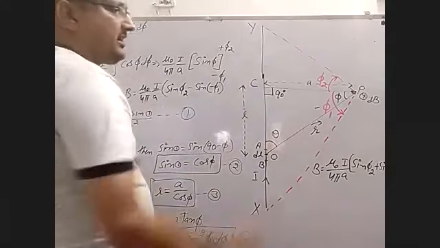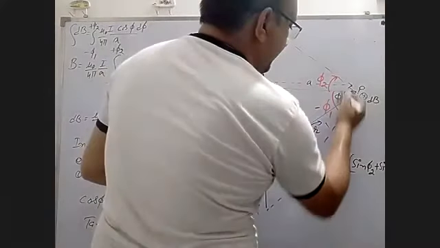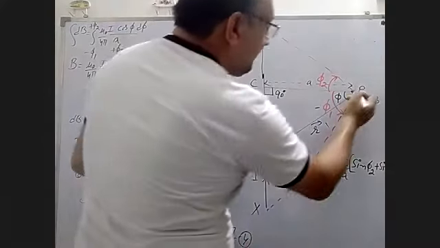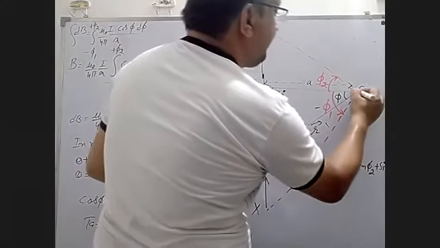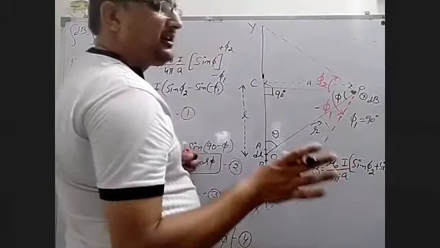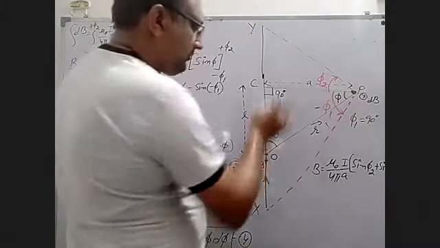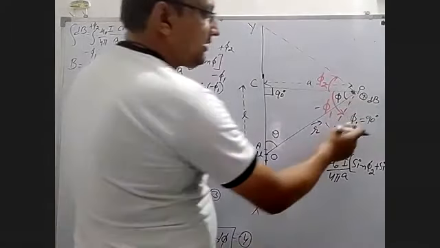If this is infinitely long, then this value phi 1 becomes 90 degrees, approximately 90 degrees, because length is so long, from there if you are taking the angle.